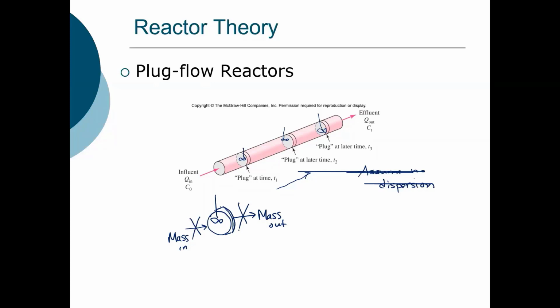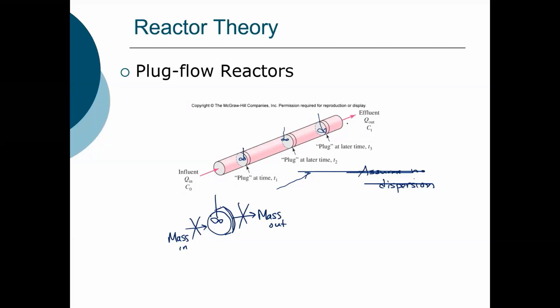So essentially, it's kind of like a series of batch reactors moving down this reactor or pipe. Okay. So at time T1, that parcel is here. At some later time, T2, it's over here. Some later time, T3, it's here, and eventually it emerges.